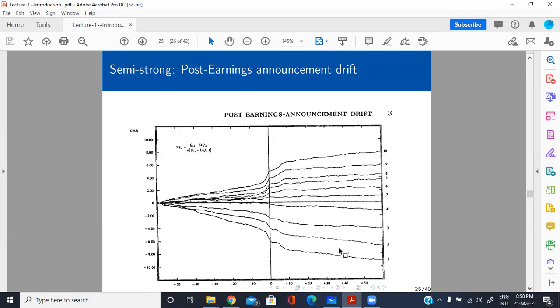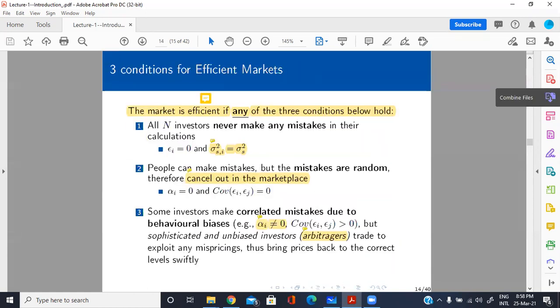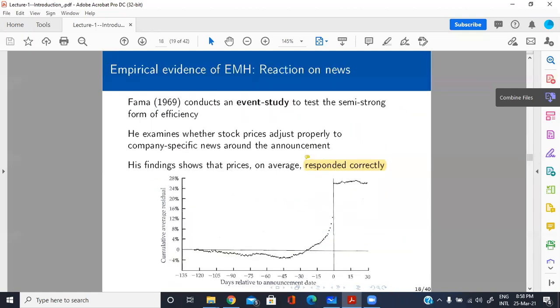So what do you think? Fama was correct? What you showed earlier here in 1969? Okay.